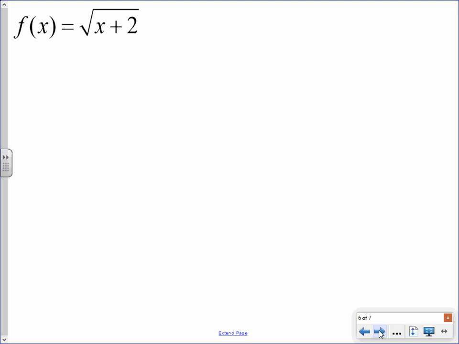Okay? So what I'd like you to do, I'd like you to think of the parent function and its transformation, and as a pod, determine what the domain and range are for this f of x. You don't have to graph it, but think about the graph.